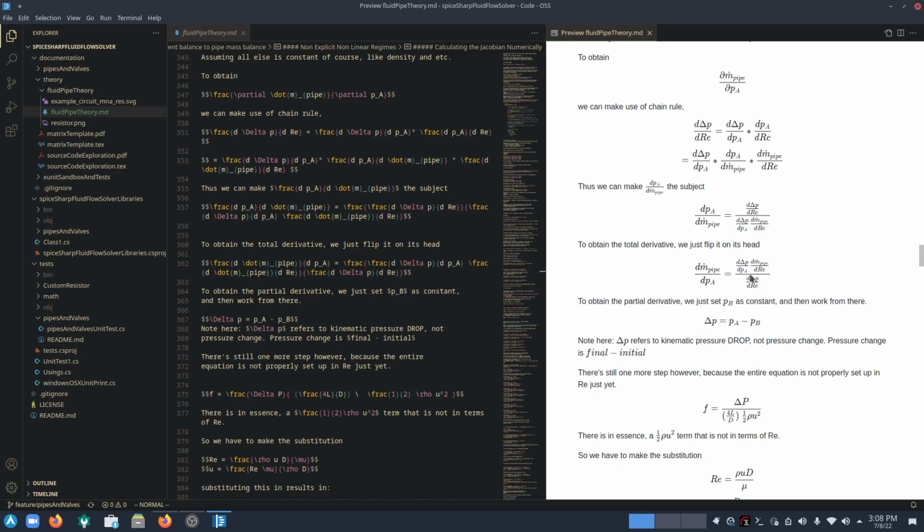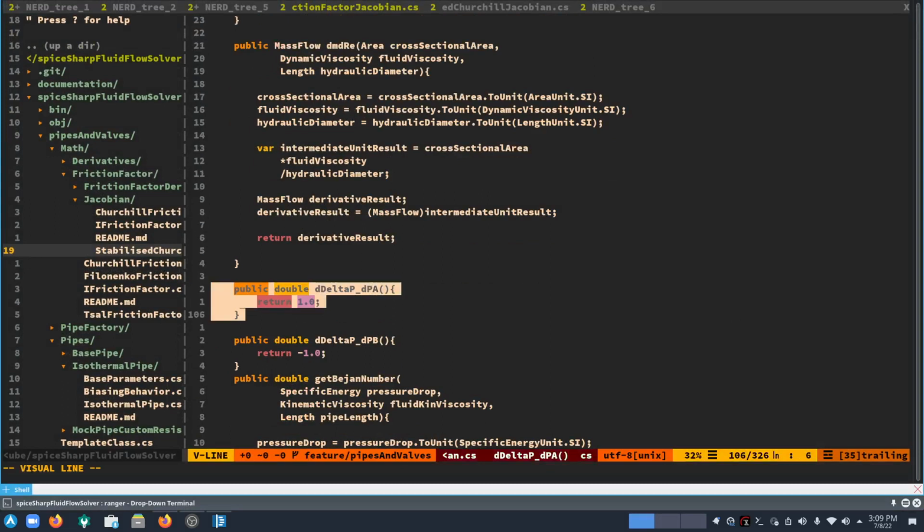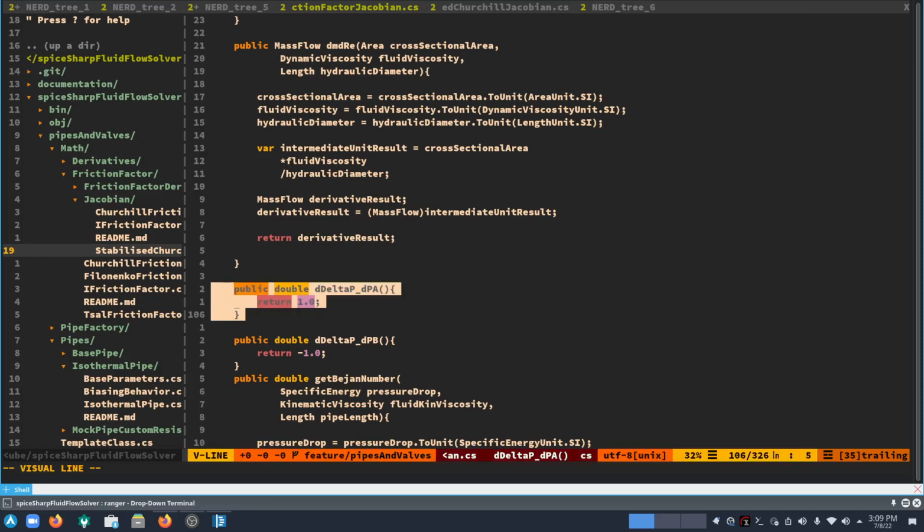If I do dΔP/dPA, then PB will just disappear, and I will just get 1. The partial derivative is 1, assuming they vary independently. So that's how I get the 1 here.